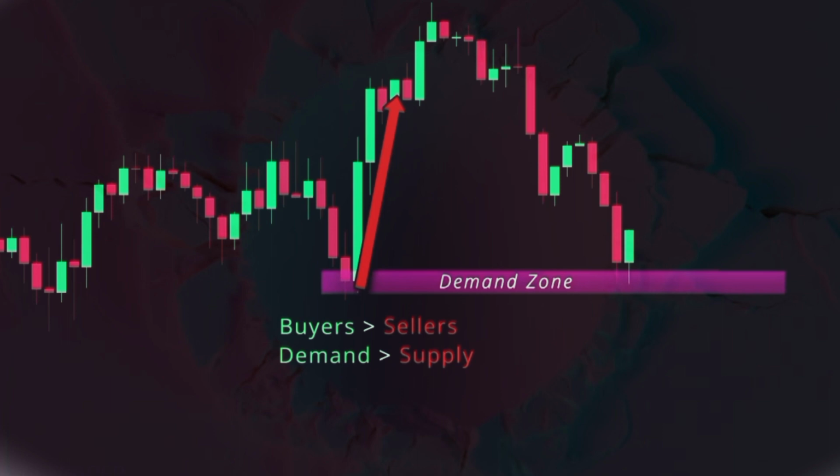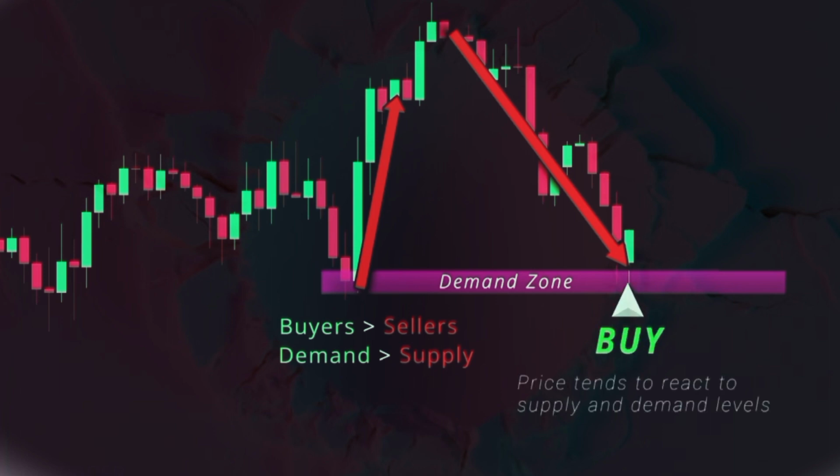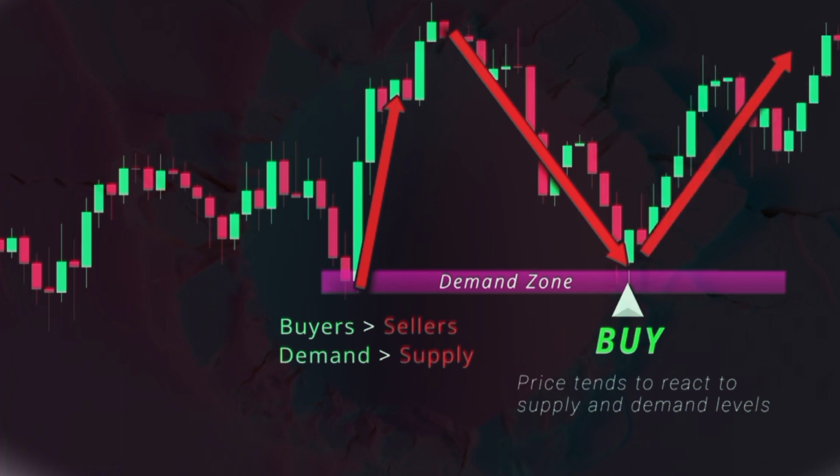Next, as the price approaches the demand level once again, supply and demand traders can use this same key level as a possible buy entry, because price tends to react to the supply and demand levels. If the price were to rebound upwards after hitting the level, they would have made a profit. This is just one example of how traders could capitalize on the supply and demand zones.